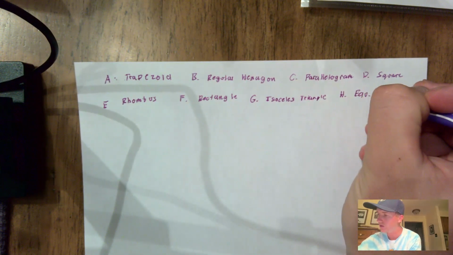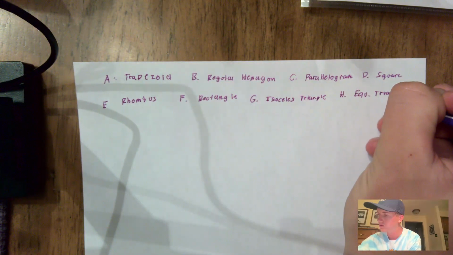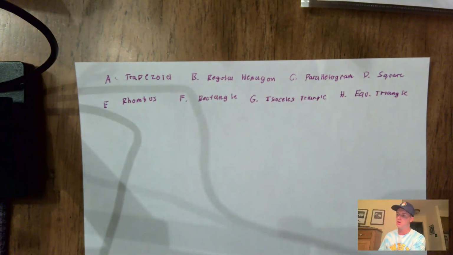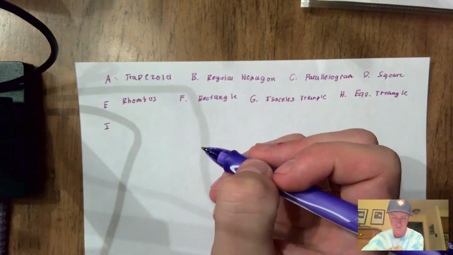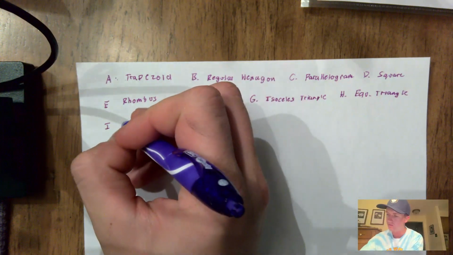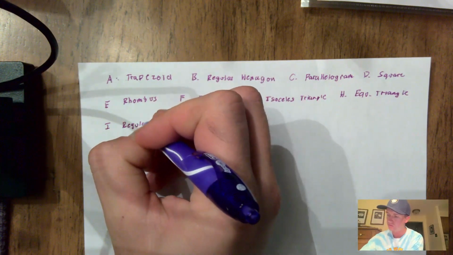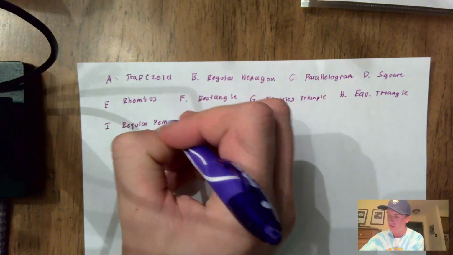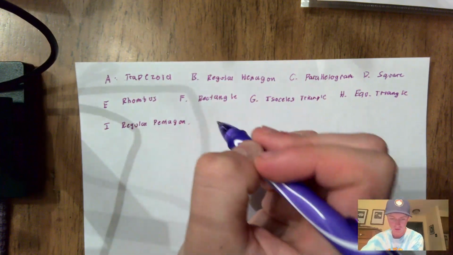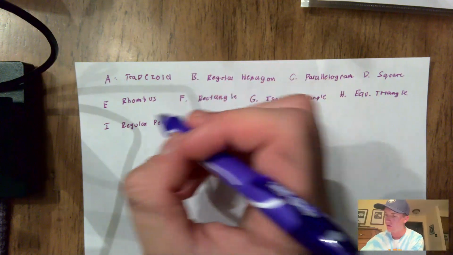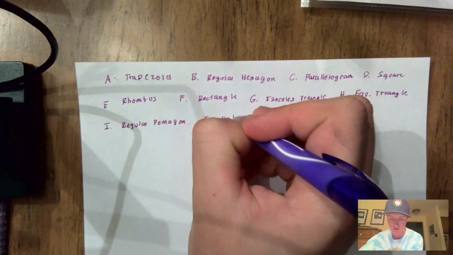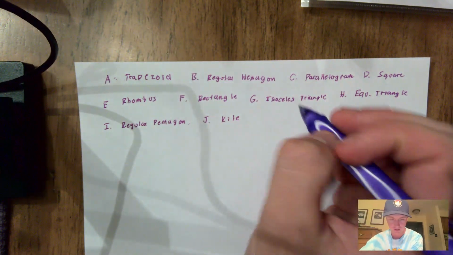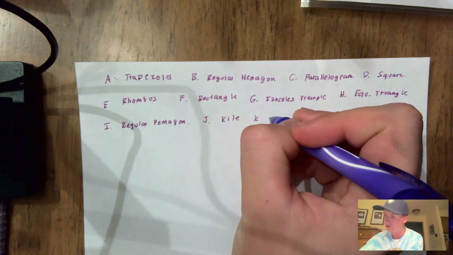I'm going to abbreviate here so you get the idea, so you don't have to spell them all out. I will be a regular pentagon. Then we'll go with a kite for J. And then we're almost done. K is a circle.